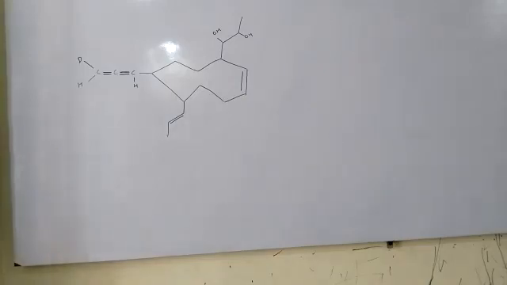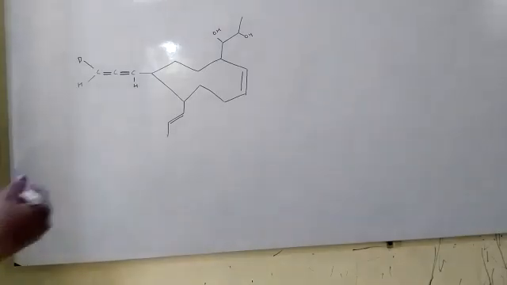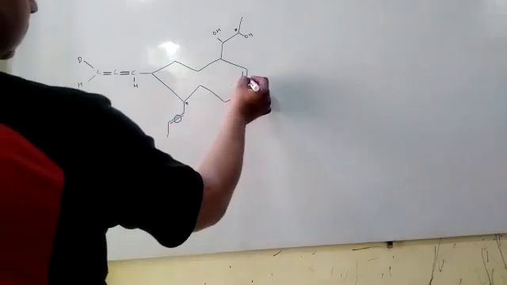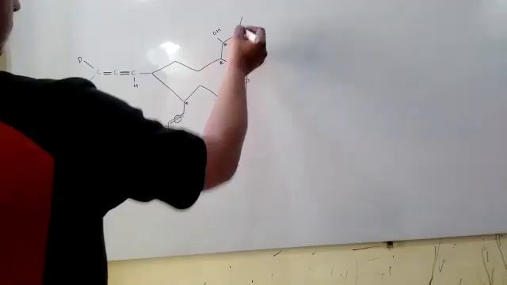Please explain it. Okay, so stereo centers 1 and 2 are the double bond at the bottom and the chiral carbon attached to the ring. This is 1, this is 2, and this is 3. Then another one is at the top, 4, and the 2 OH, 5 and 6.